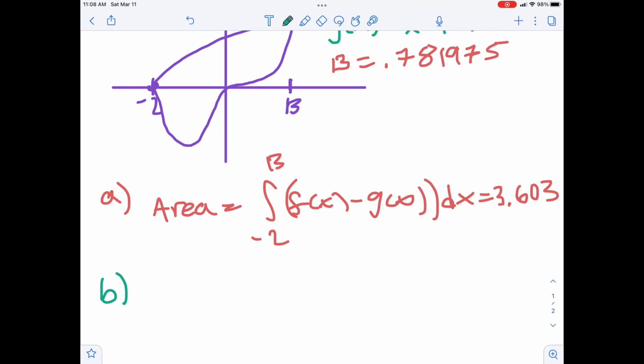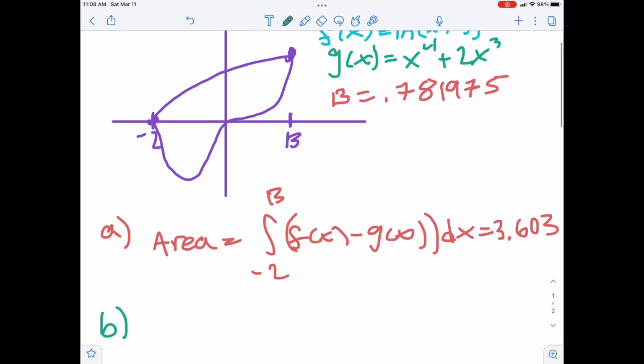Well, we know that the vertical distance between our graphs, we just figured that out. It's the top graph minus the lower graph, because if you think about it, you have to go up to your top graph, which is f of x, and then subtract this little portion from your lower graph.